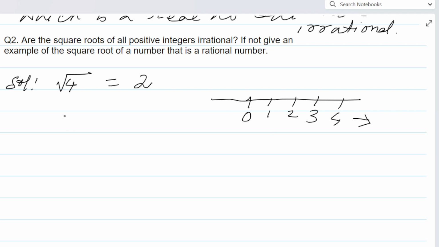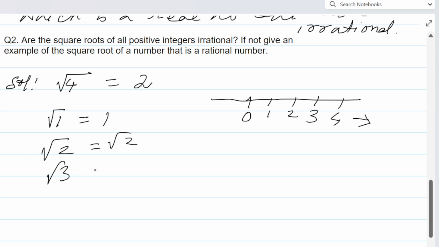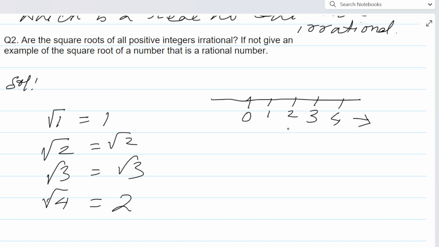So let's take root 1 also, root 2, root 3, and root 4, which is 2. Let's take only 4 positive numbers. You can take more. If you find the roots, I'm getting here 1, root 2, root 3, and 2.